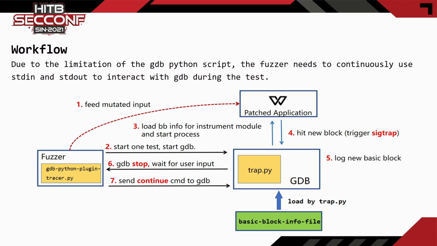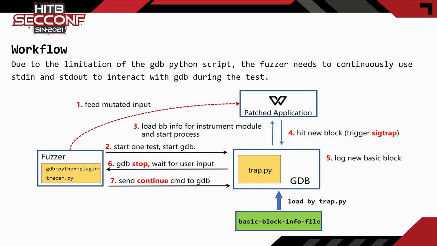Due to the limitation of the GDB Python plugin, when GDB enters the stop callback function, the GDB process will enter its command loop, and GDB waits for user input. Therefore, it is necessary to send the continue command to the stdin of GDB after it stops. Only in this way can the debugged process continue execution after it executed a breakpoint instruction.